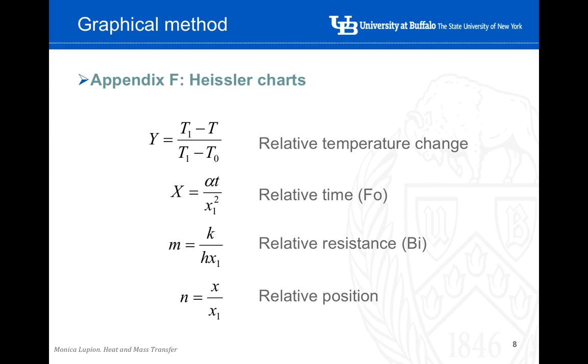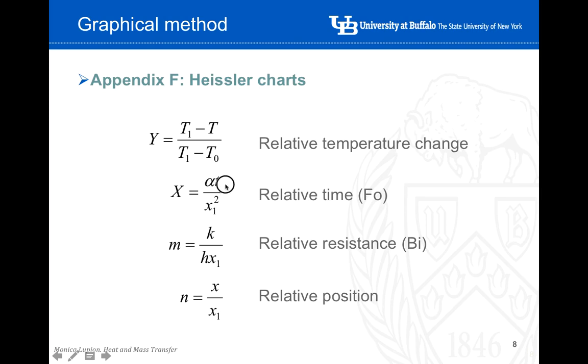We're going to be using the charts in Appendix F. Those charts are called Heisler charts. The way we use them is by defining four different parameters: Y, X, M, and N. The relative temperature change is defined here, so Y is equal to the temperature at a certain position minus the surrounding temperature, over the initial temperature minus the surrounding temperature.